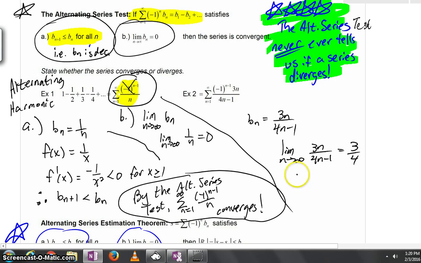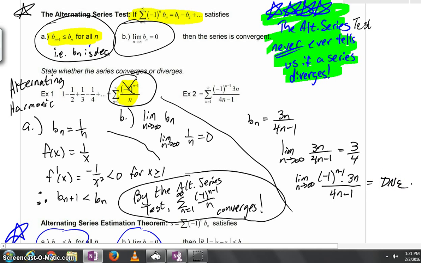I can say that the limit as n goes to infinity, let's throw that negative 1 back in there, of negative 1 to the n minus 1 times that thing. Would you agree this would be bouncing around from 3/4 to negative 3/4, depending on whether we have an even power or an odd one for negative 1? So this thing doesn't exist.